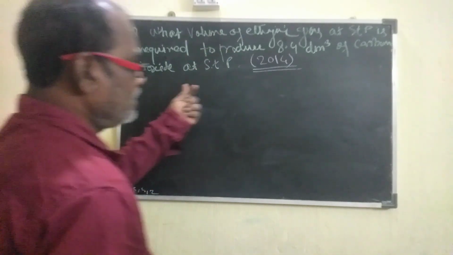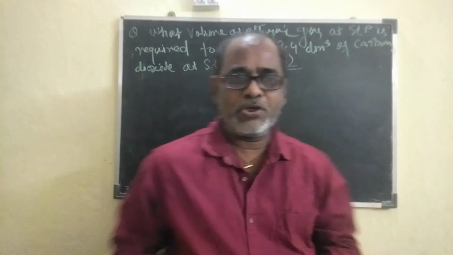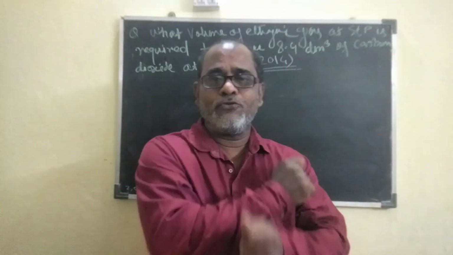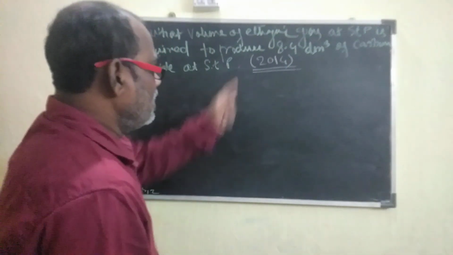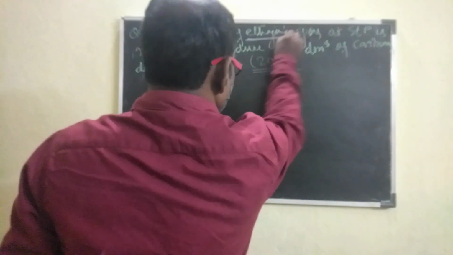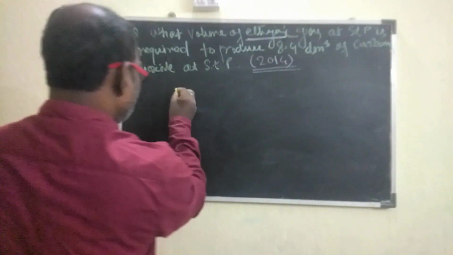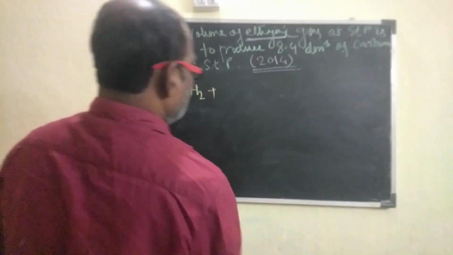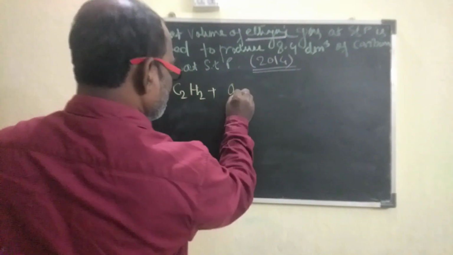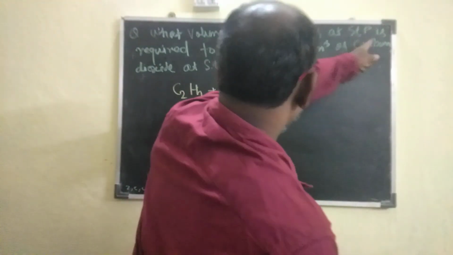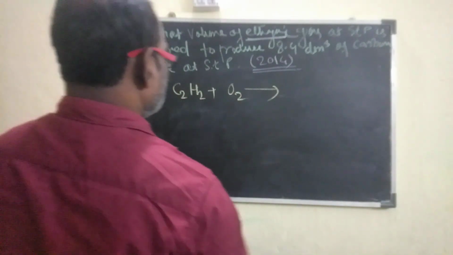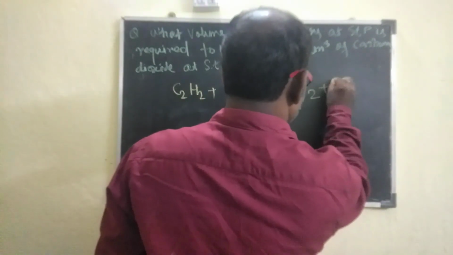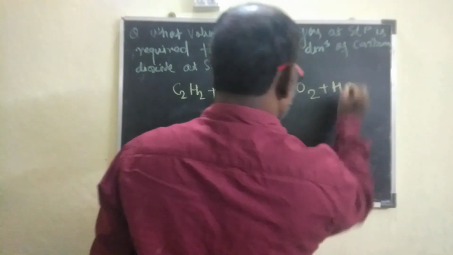So if they don't give you any equation, then you have to form the equation, then you have to balance the equation. Here they have said ethyne. So the formula of ethyne is C2H2. When it reacts with oxygen, it produces carbon dioxide plus water.